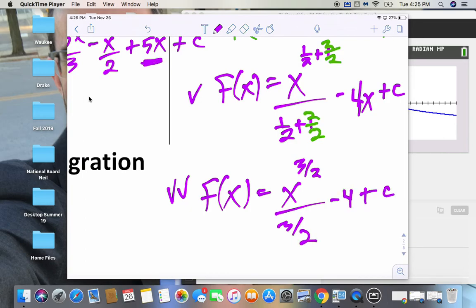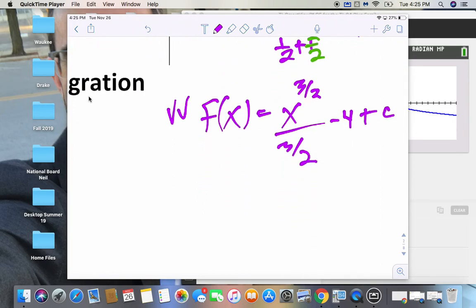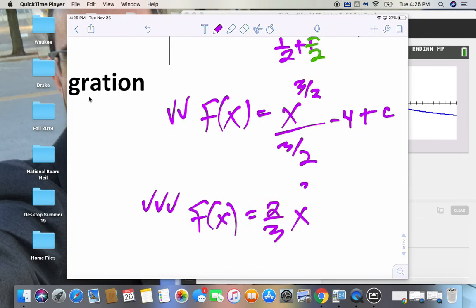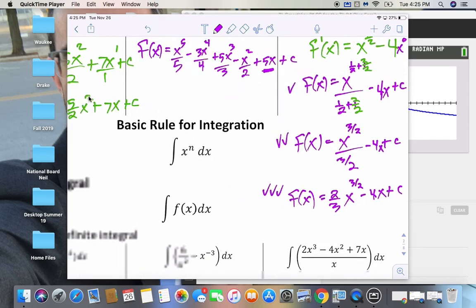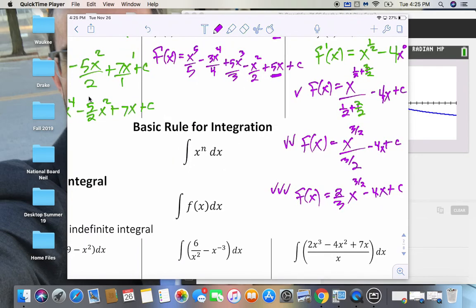Looking better, but we can go a step further. When you divide by a fraction, it's multiplying by the reciprocal. So really f of x is 2/3 x to the 3/2 minus, whoops, I forgot my x on the last one, minus 4x plus c. And that's our final antiderivative on there. So that was a run through of that power rule.